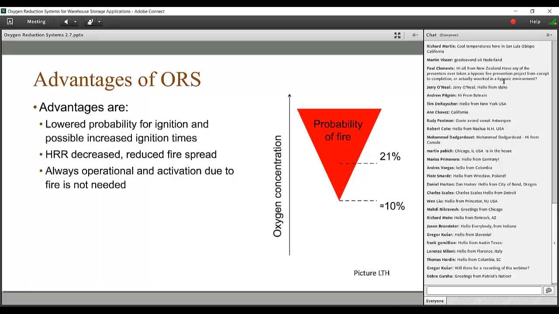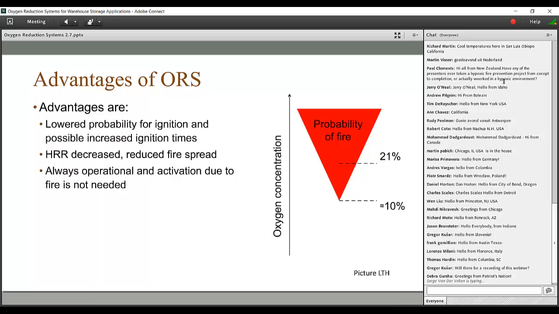And you can see that on the picture on the right, where the red triangle is indicating the probability of fire. Of course, assuming that the probability is connected only to the ignition, which is indicated also with the levels 10%, 21%. 21% is normal atmosphere.